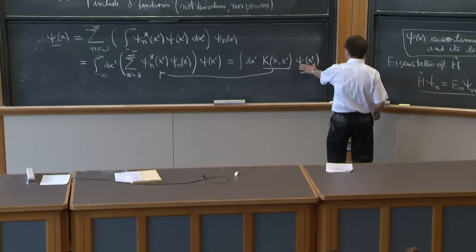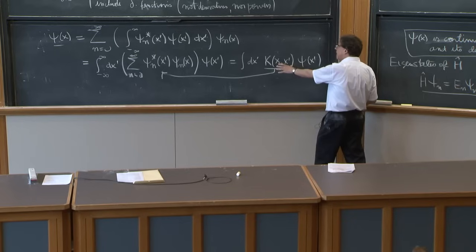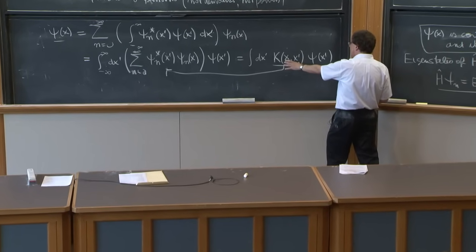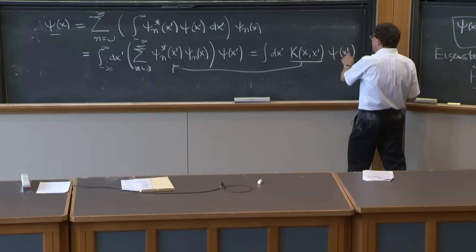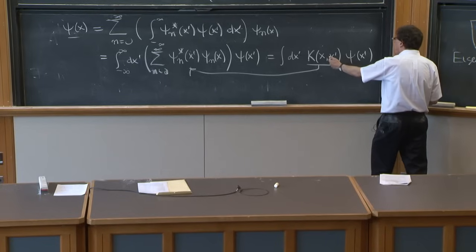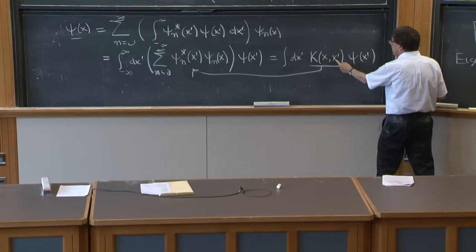Well, you can try to think what this is. If you put a delta function here, which may be a little bit of a cheat, you will figure out the right answer. This must be a function that picks out the value of the function at x by integrating. So it only cares about the value at x. So it must be a delta function.